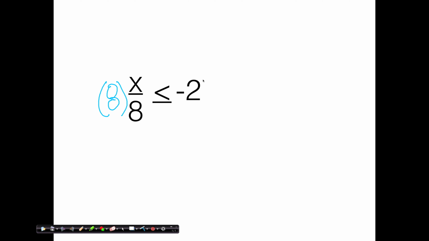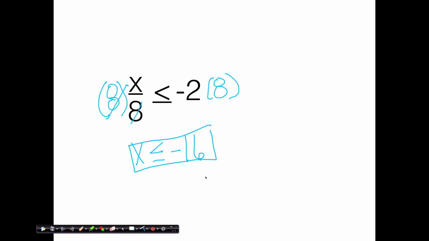And again, whatever I do to one side of the inequality, I must do to the other side. So my 8s cancel out, leaving me with x by itself. I've isolated x, less than or equal to, and then -2 times 8 is -16. And that's the answer to this particular problem.